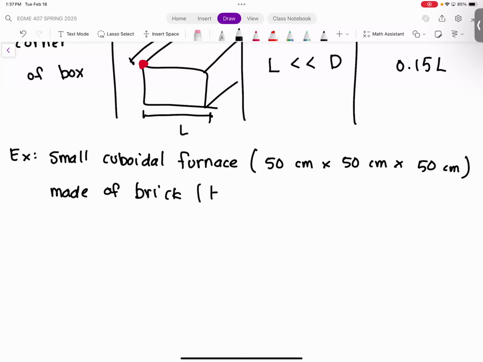Okay. And so let's say the thermal conductivity of the brick is 1.04 watts per meter Kelvin. So let's say the inside of the furnace is 500 degrees C and the outside air around it is 50 degrees C.